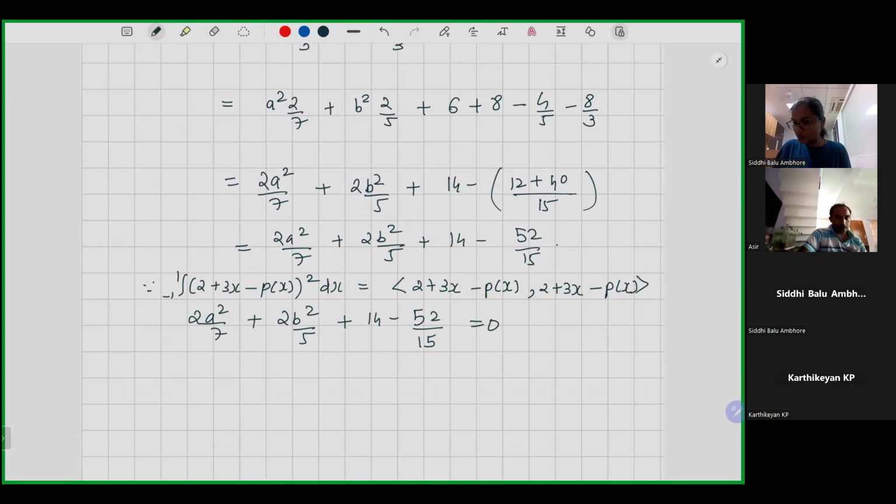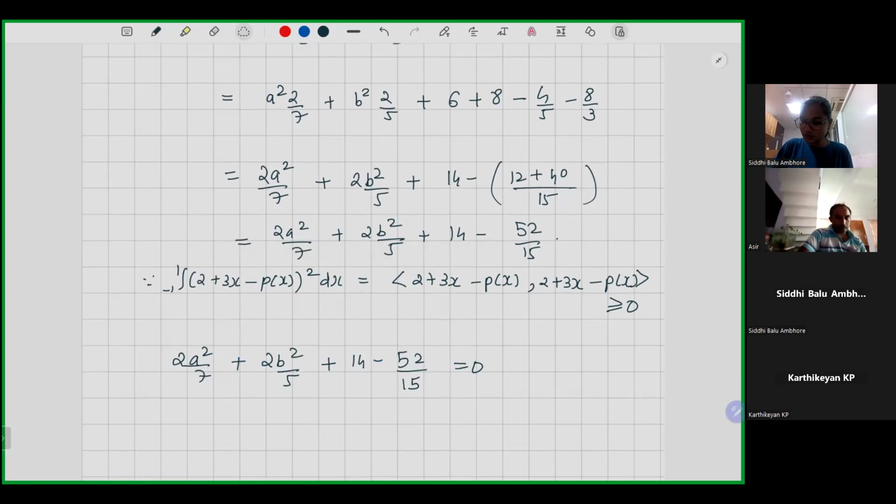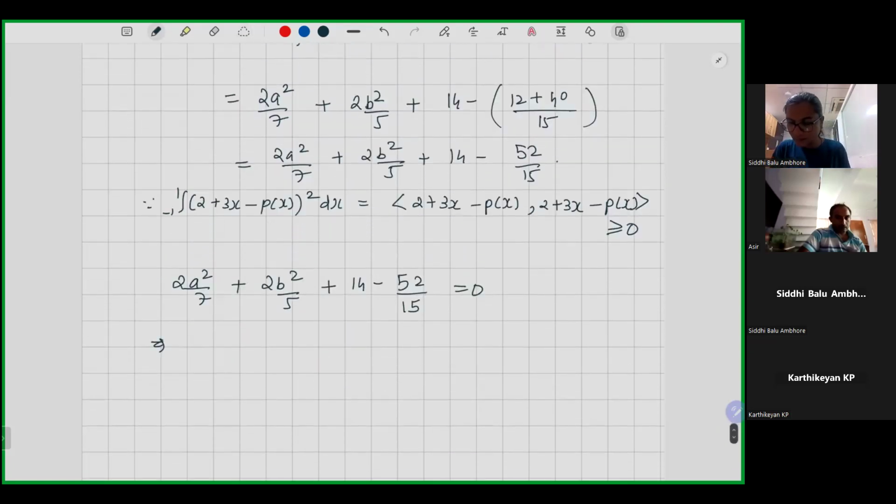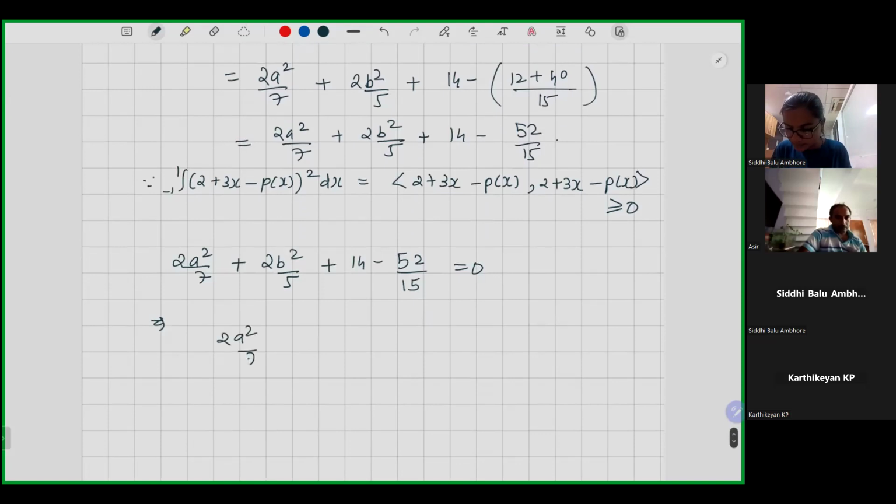We just had to use the property. So this has to be greater than or equal to 0, so the least possible value for this is equal to 0. Okay, so then what will I get? I hope my calculations are correct, otherwise values won't follow.